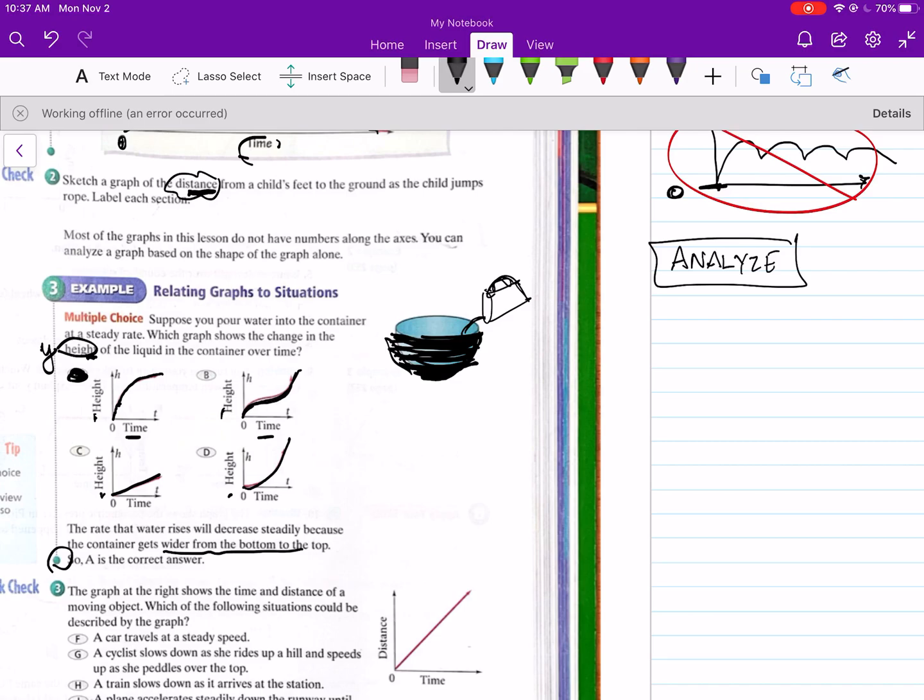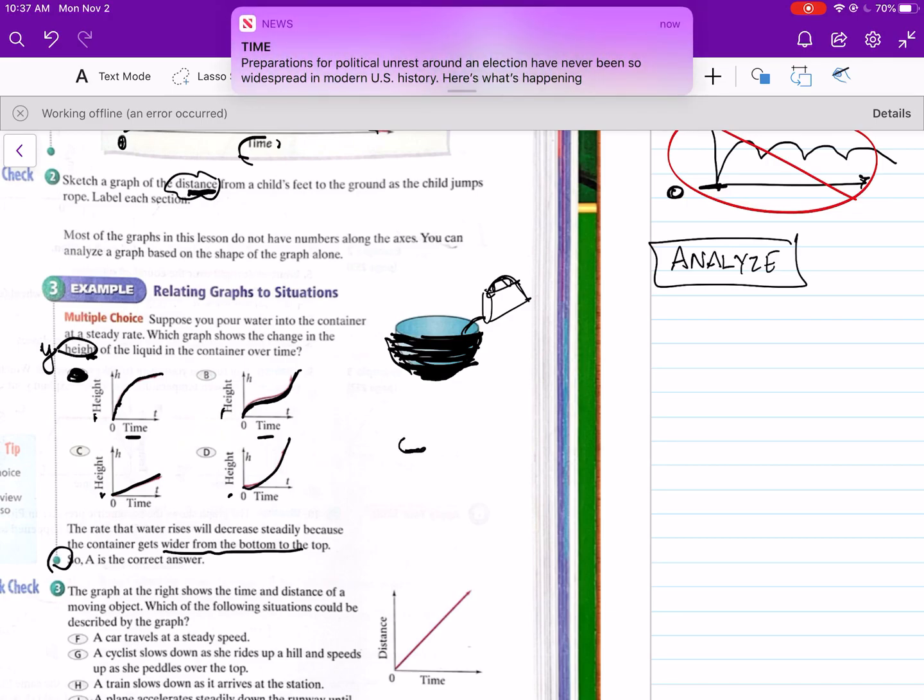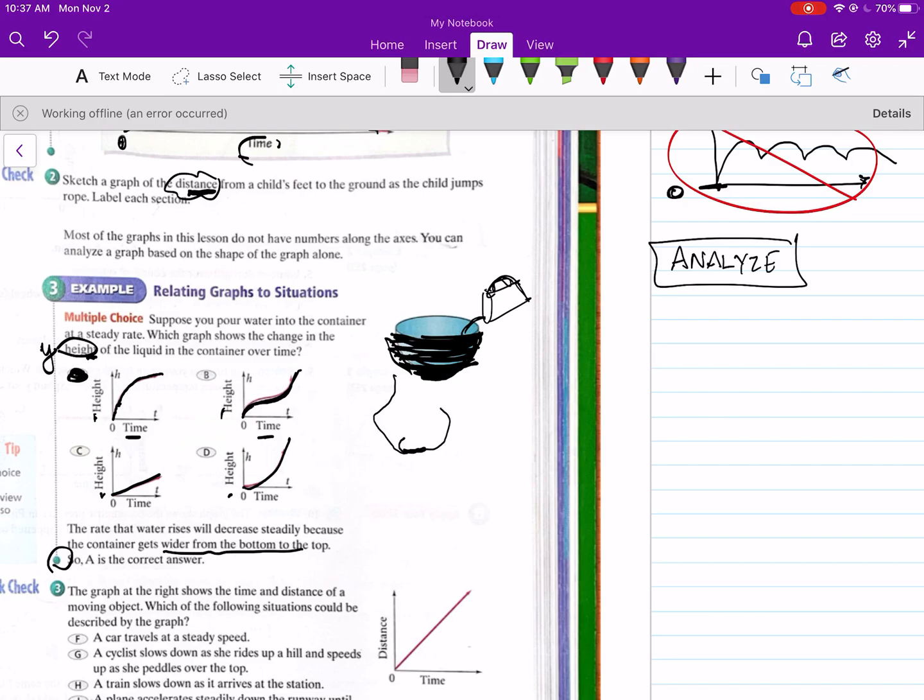What do you think that container might be? Maybe it went quick, then leveled off, and then went quick again, so maybe even something like an hourglass type shape for B.